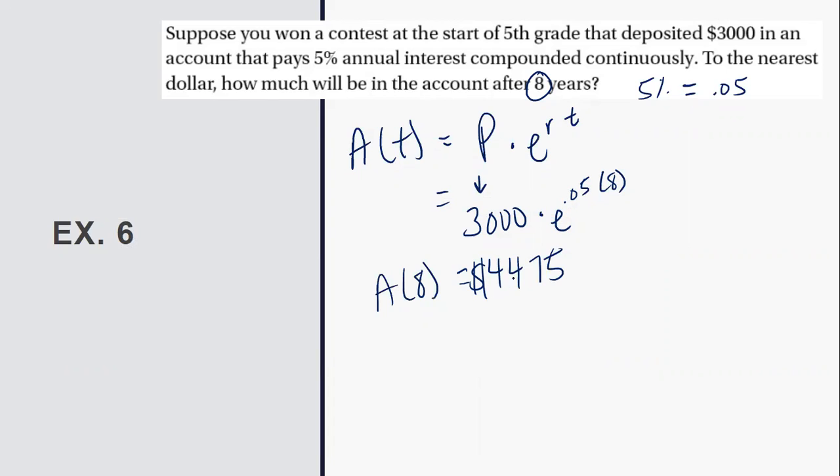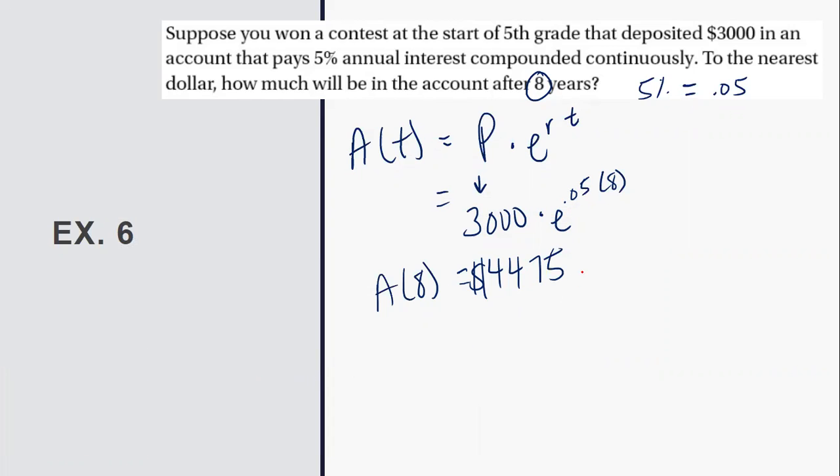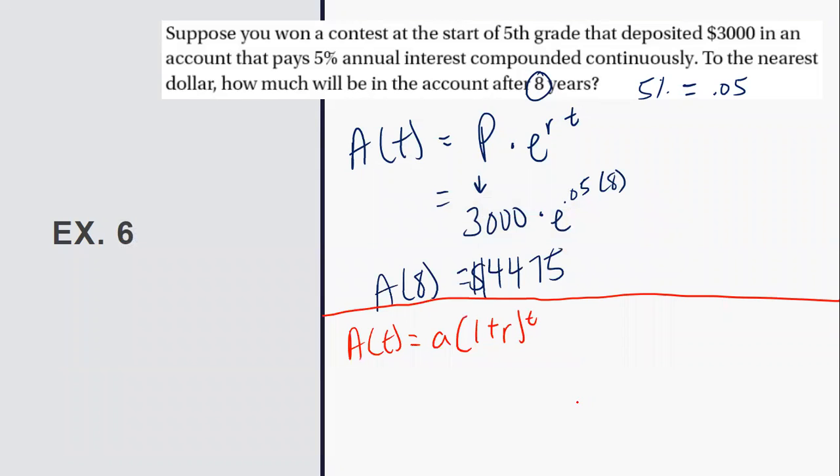Okay, so this is what it looks like compounded continuously. Now, I want to show you what it would look like if it was just annual. So annual is what we talked about previously. So annually, that's our A of T equals P times 1 plus R to the T, right?